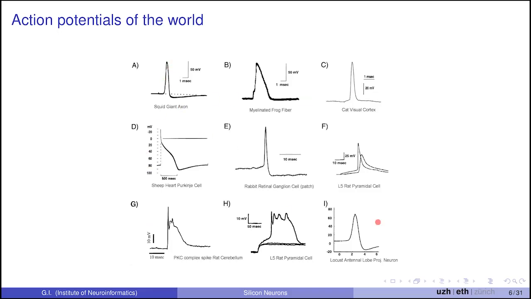So this is common to all animal species. And even though the shape might be different in different parts of the brain or different animals, the overall principle of integrating, spiking, and resetting is present.